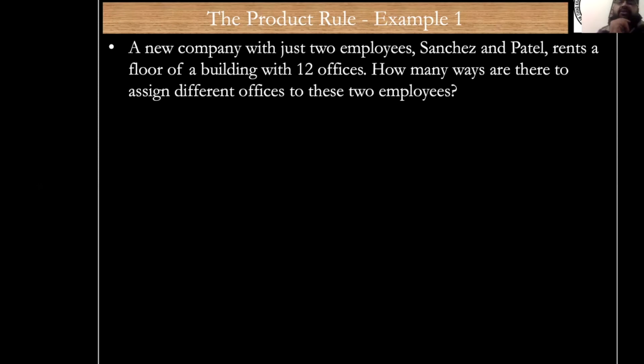If Sanchez chooses office 2, then Patel again has 11 options, from 1 to 12 without 2, and so on. For each of the 12 options that Sanchez has, Patel will have 11 different options. So in total, there are 12 into 11, which is equal to 132 different options.